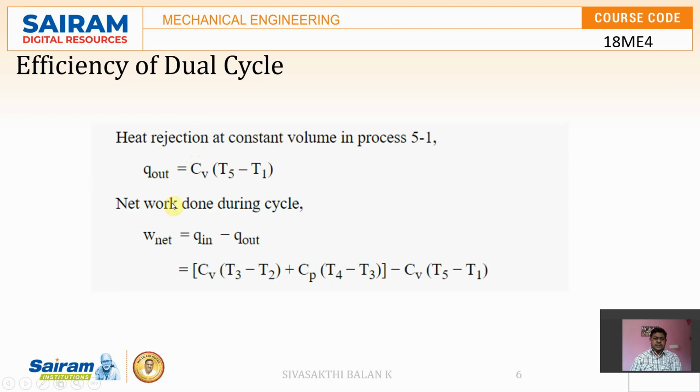The net work done during the cycle is Q input minus Q output. Q input, we know, is the sum of heat addition at constant volume process and the constant pressure process, and heat rejection is the heat removed when the volume remains constant, Cv. Substitute all these values, you will get the network.